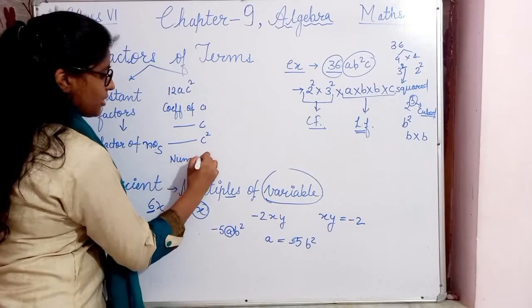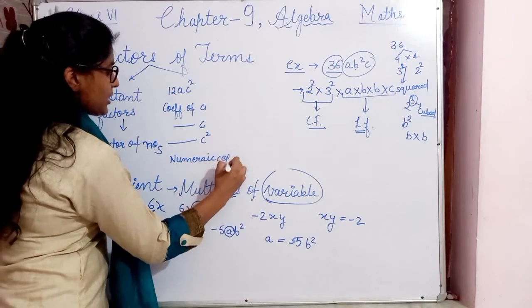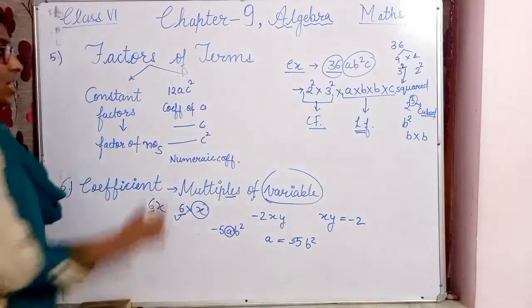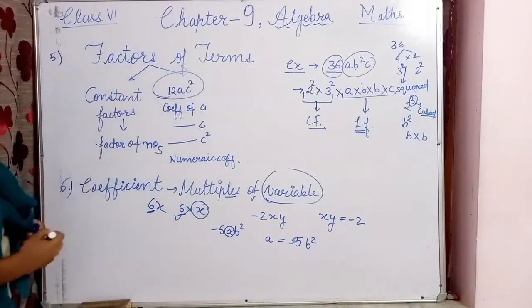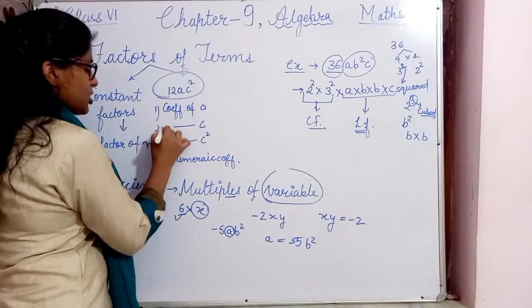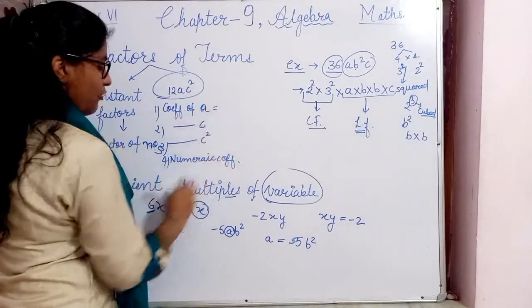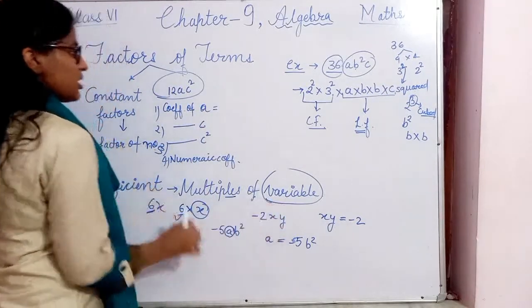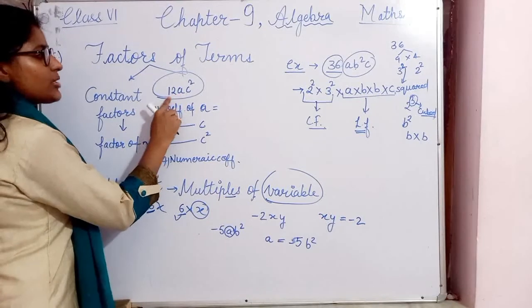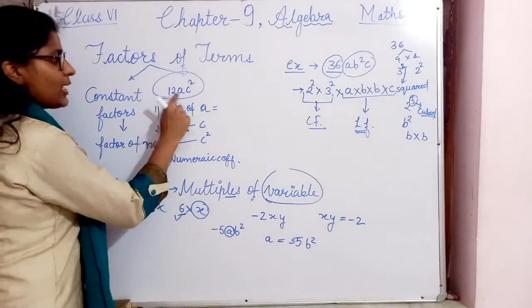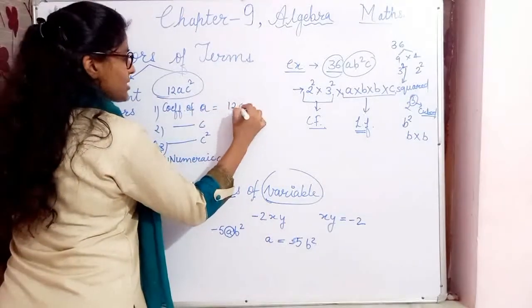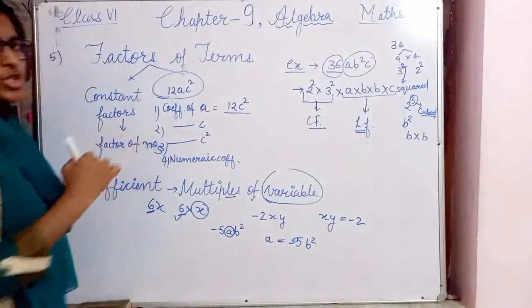The question is single: you have a single algebraic term and four questions are being asked. So, coefficient of a. Coefficient means multiple of variables. What are the multiples of this a? 12 and c square. So 12c square is the coefficient of a.